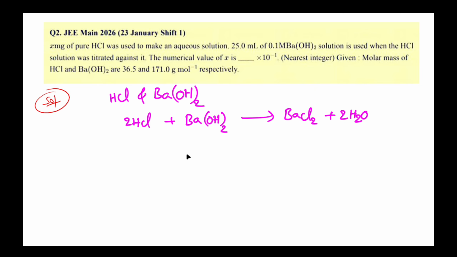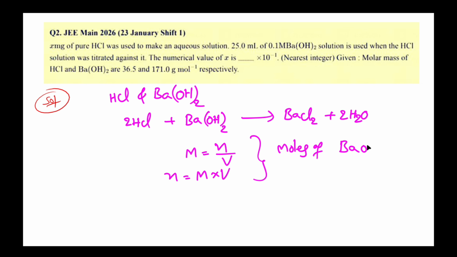We know very well molarity is equal to n by V, so n is equal to M into V. From that, moles of Ba(OH)2 used in this reaction: n is equal to, what is the molarity? 0.1 into how many? 25 milliliters, that is 0.025 liters.